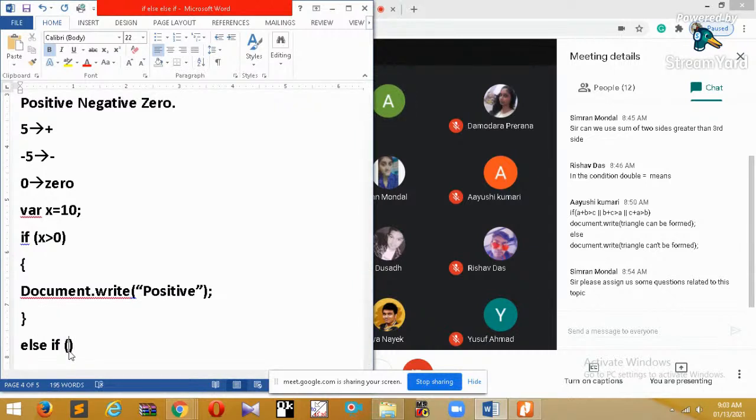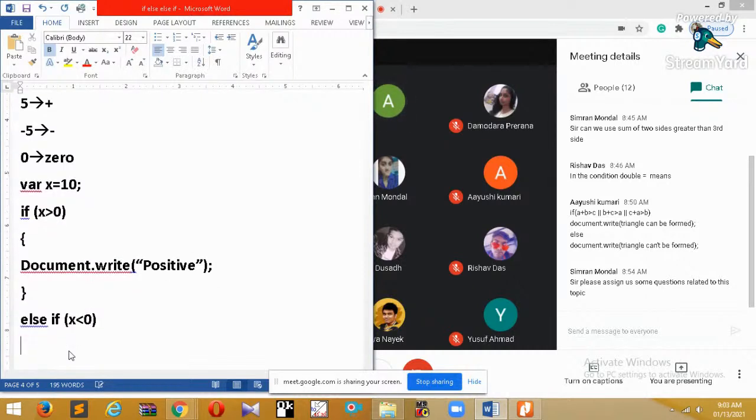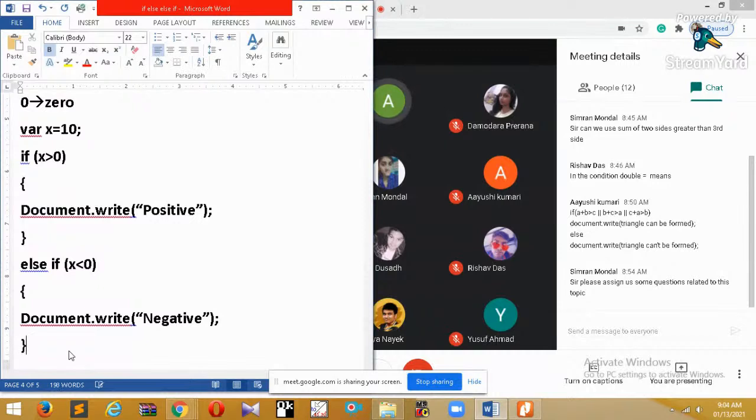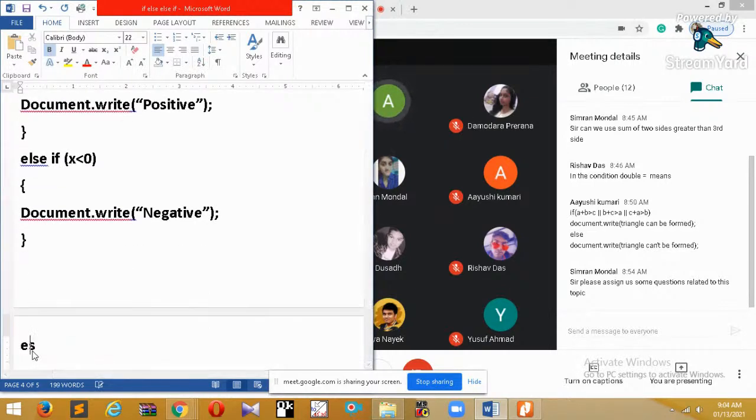In that case, I am writing if x less than 0, then we'll write document.write negative. And if these two conditions above become false, then we'll go for the else statement.